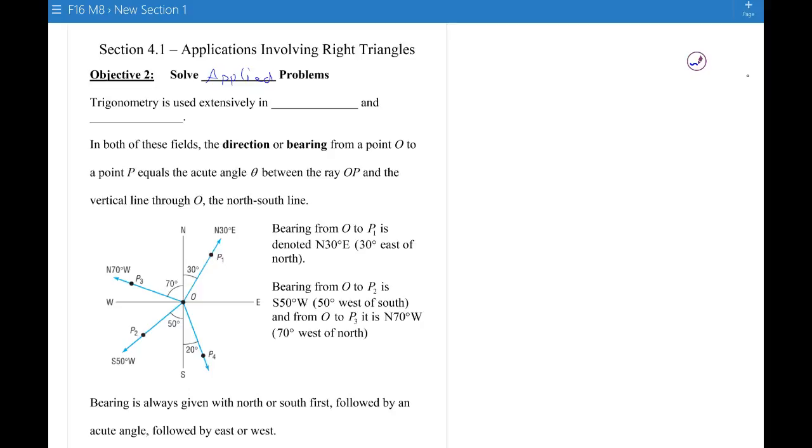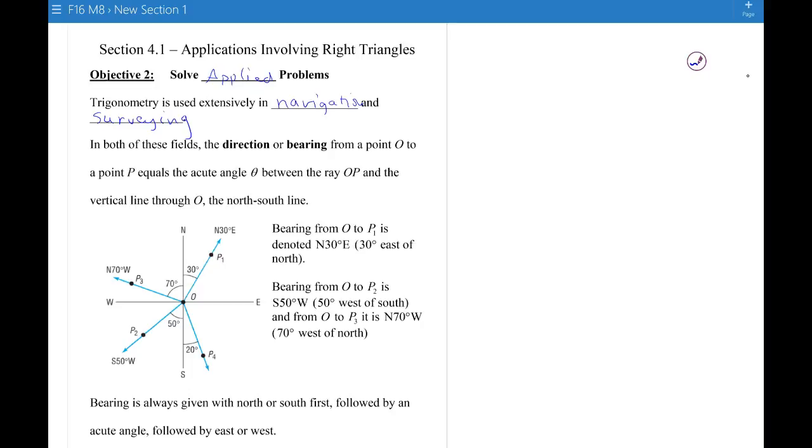So trigonometry is used extensively in lots of different fields. A lot in engineering, but also in navigation and surveying.